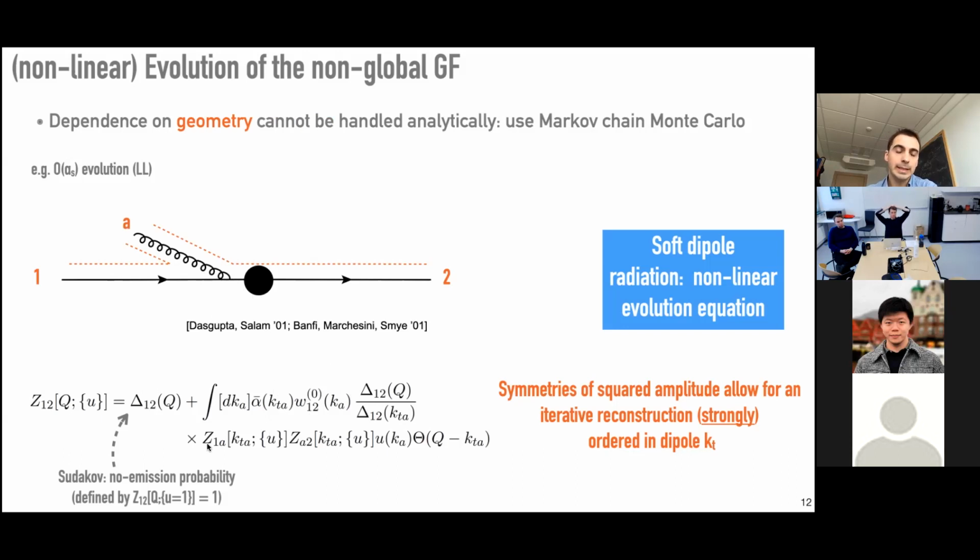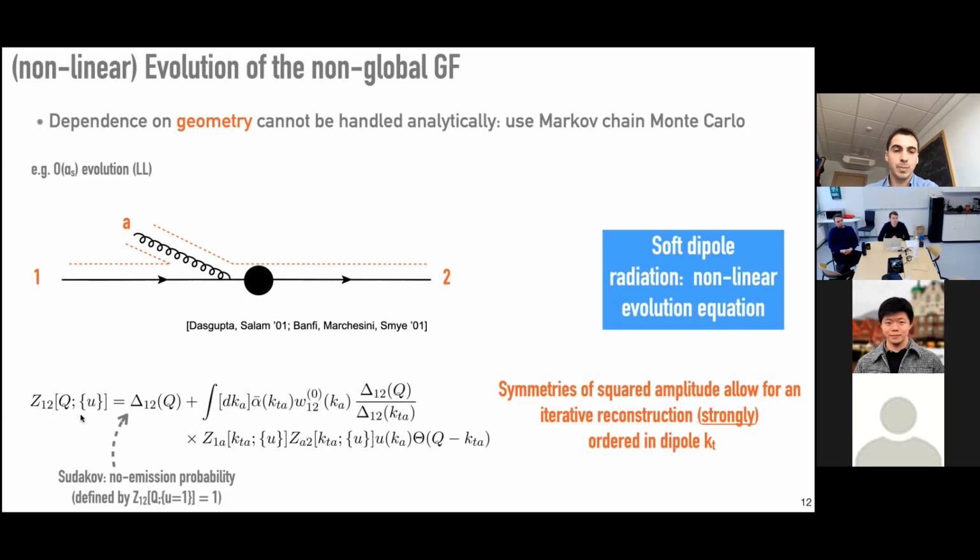But crucially, and this is the main difference with respect to global observables, the emission of that gluon breaks the dipole into two adjacent dipoles. And there is a new color index, a, that enters the game. So we now have the dipole 1,2 split into a dipole 1a and a dipole a2. And each of these two generating functionals now evolves with a similar evolution equation with updated indices.